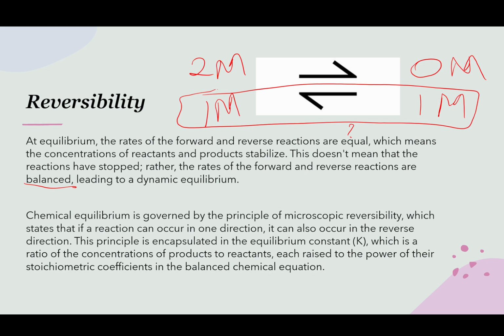K on this slide is the ratio of the concentrations of products to reactants, where each concentration is raised to the power of its stoichiometric coefficient in the balanced chemical equation.